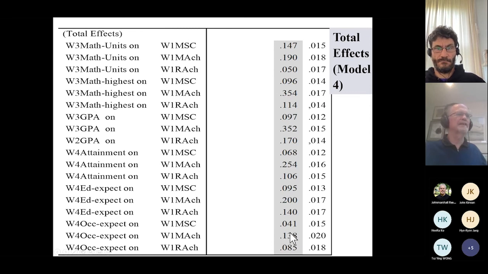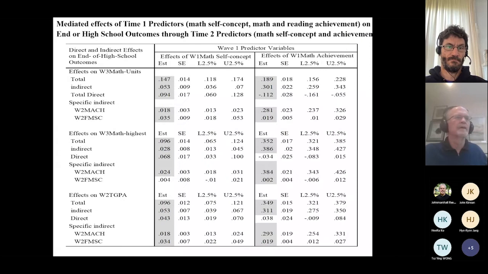Now these are the number of units of math. That's probably the strongest effect of math self-concept, although math achievement is still a bit stronger. So the total effects are large enough to be important.